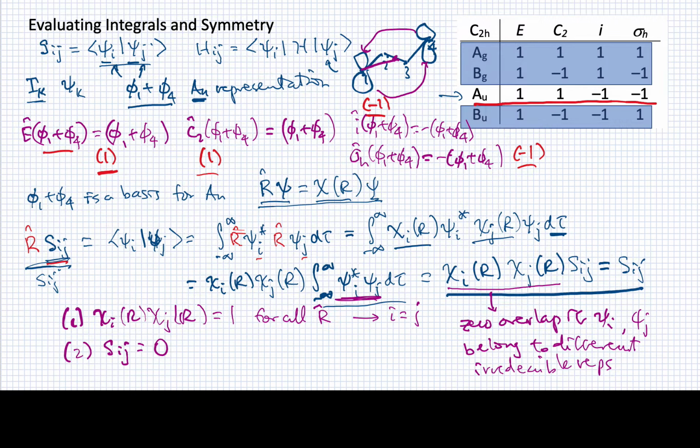Now, this also has implications for the Hamiltonian integrals, and it works as follows. The Hamiltonian operator should not depend upon the orientation of a molecule in space, so the Hamiltonian operator itself is invariant to symmetry operations. That is, symmetry operations that work on the system as a whole.